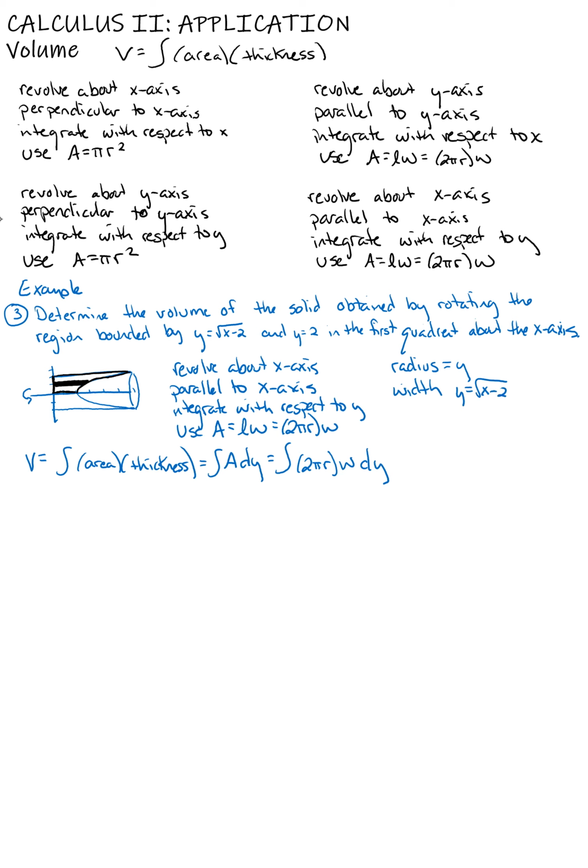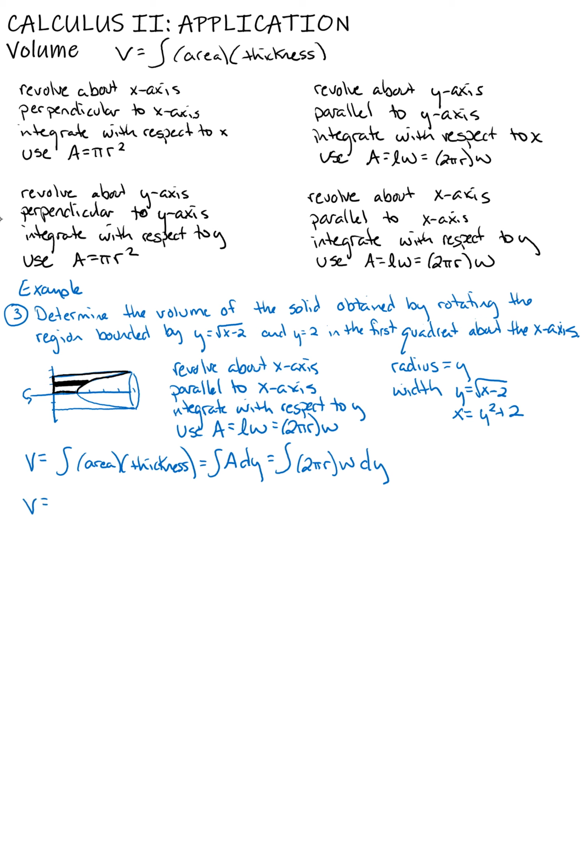However, remember we are integrating with respect to y, right? We've already determined that. So we'll need to basically write x as a function of y. So if y is equal to the square root of x minus 2, then x is equal to y squared plus 2. So that's what we're going to use for our width.